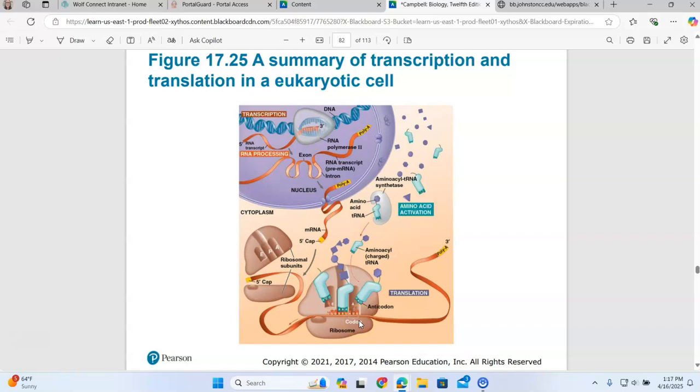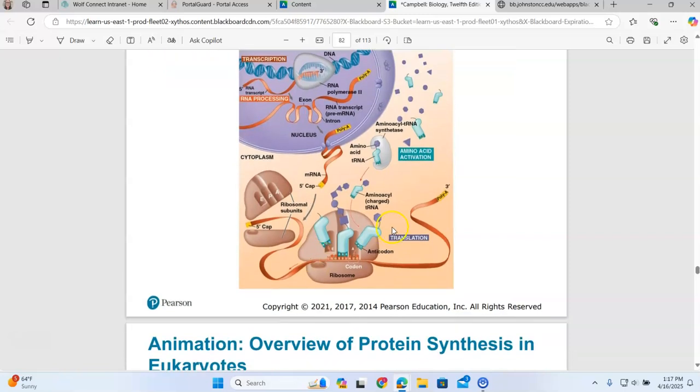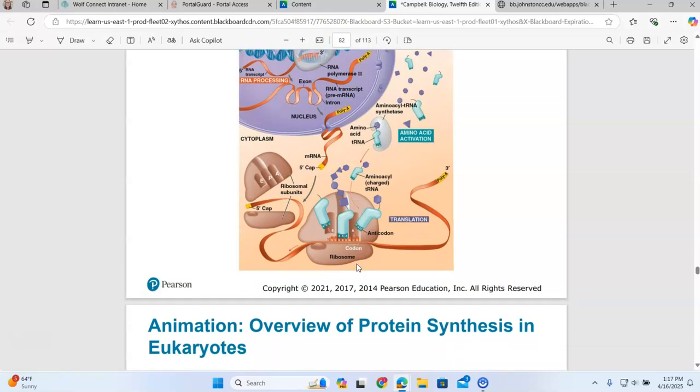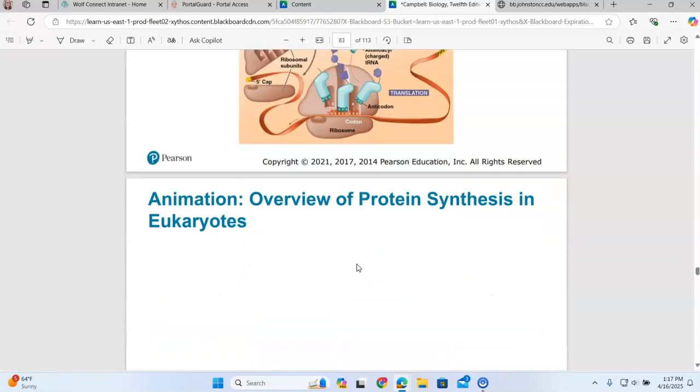So the process of translation happens in the cytoplasm on a ribosome, and transcription happens in the nucleus. And the start codon is always AUG, and it always codes for methionine. So methionine is always the first amino acid in a protein.